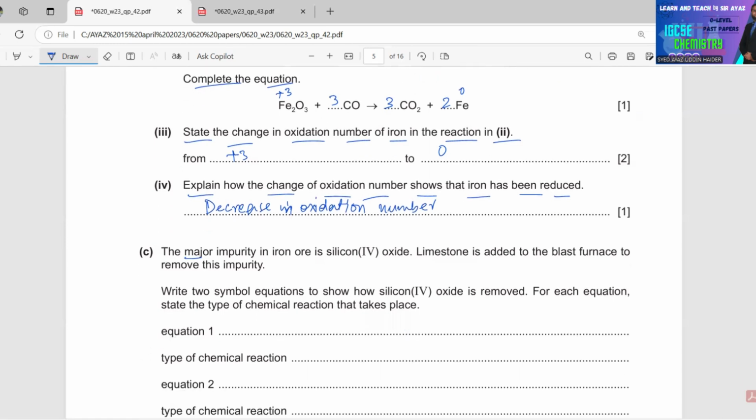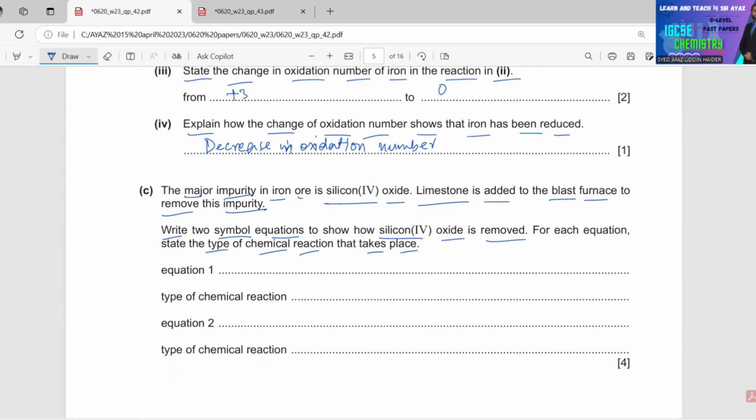C. The major impurity in iron ore is silicon 4 oxide. Limestone is added to the blast furnace to remove this impurity. Write two symbol equations to show how silicon 4 oxide is removed. For each equation, state the type of chemical reaction that takes place. In order to remove silicon 4 oxide, which is the impurity, you need to react it with a basic oxide, since it is an acidic oxide.